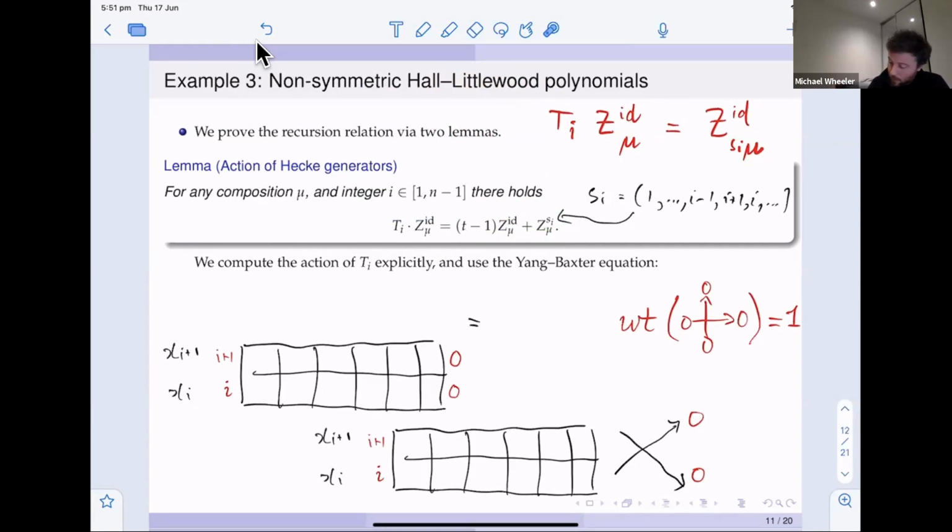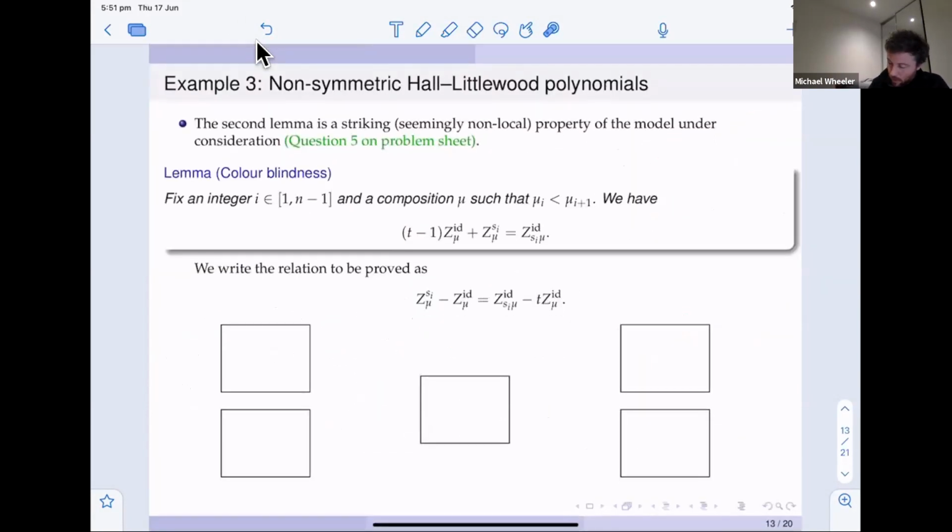So the second lemma says that provided that you have a composition mu such that mu I is less than mu I plus 1, then that right-hand side that we just saw can actually be re-expressed as precisely the quantity that we want.